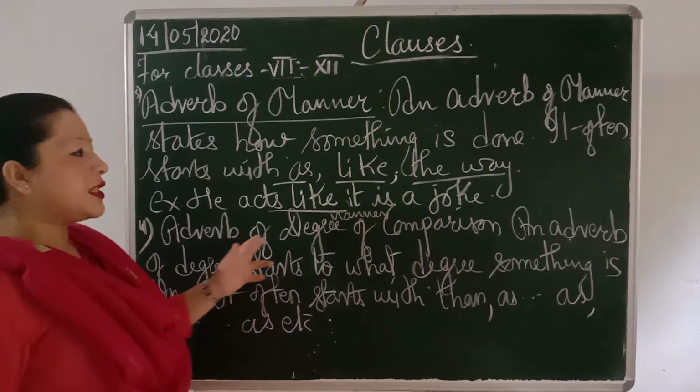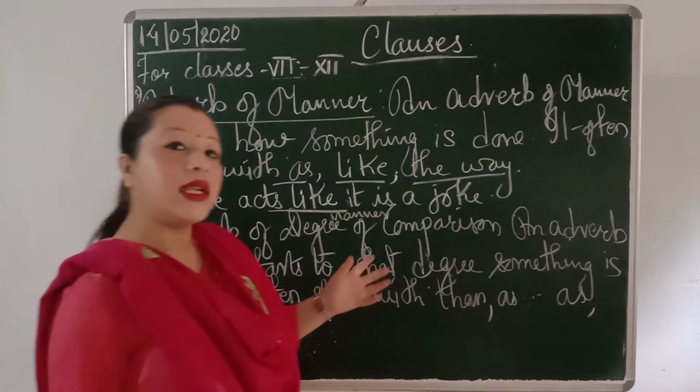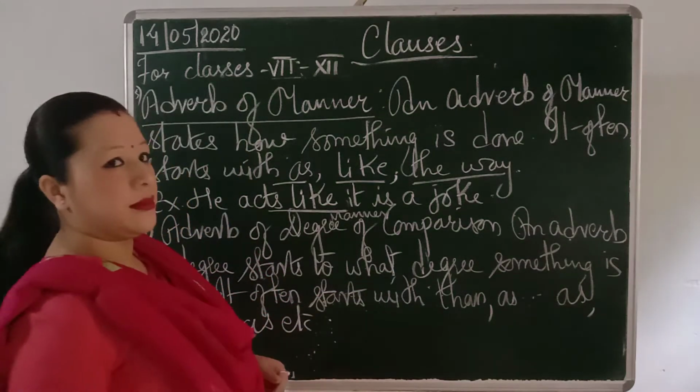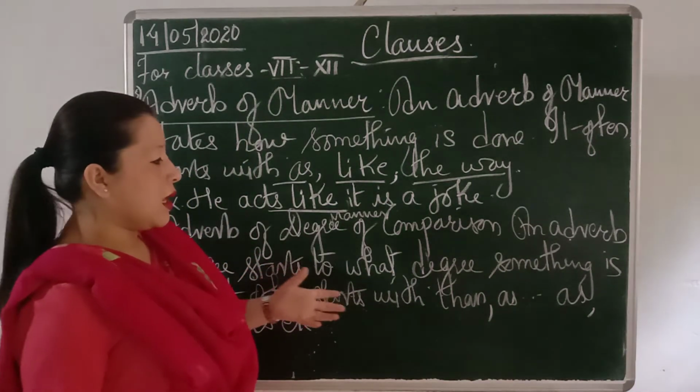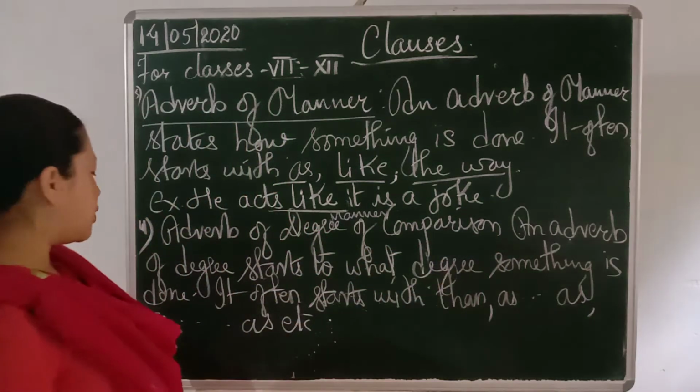Next is adverb of degree of comparison. An adverb of degree states to what degree something is done. And this often starts with as, to that, as, than, so, as.